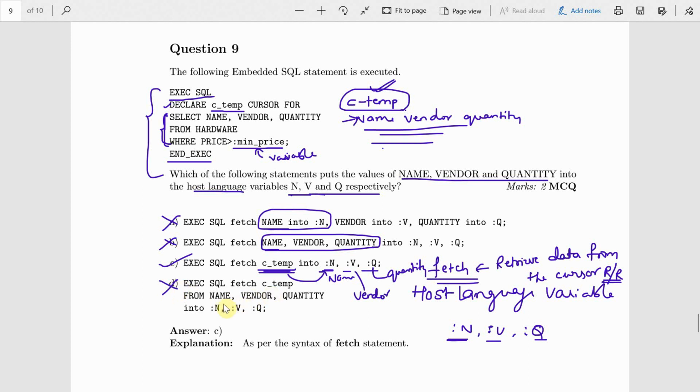Why? Because here it is given EXEC SQL FETCH ctemp, up to this is correct. But FROM is incorrect. Once you fetch, the data is stored into some host language program variable. So this line is incorrect. So the answer for question 9 is option C.